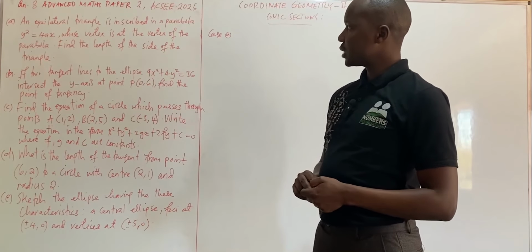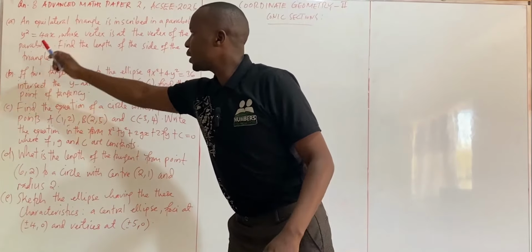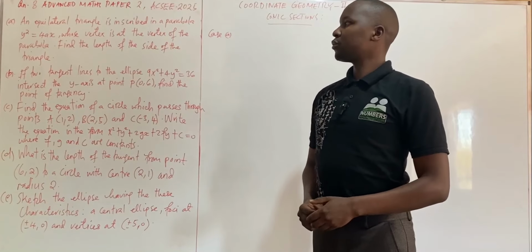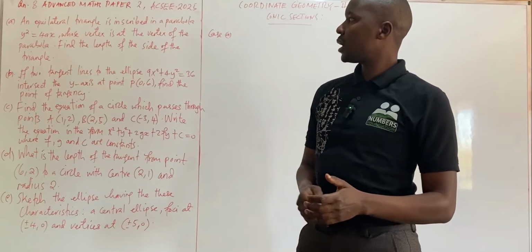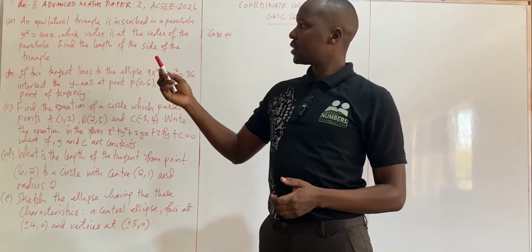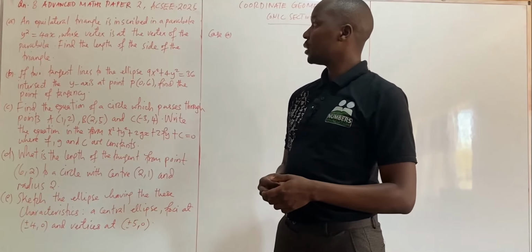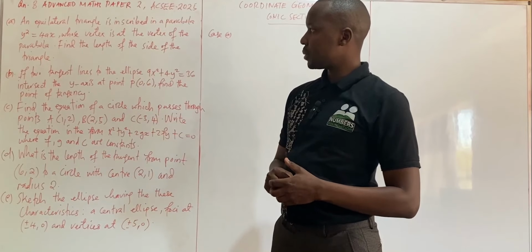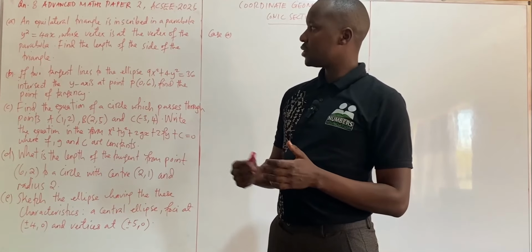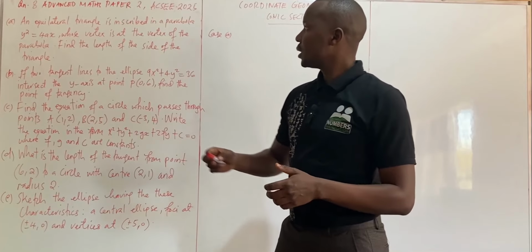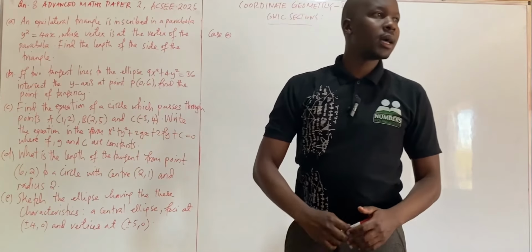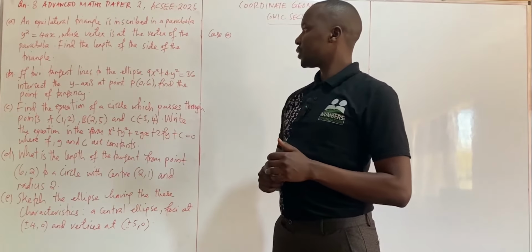The parabola we are provided, y squared equals 4ax, is a parabola whose vertex is at the origin, (0, 0). Otherwise, it would be a translated parabola, but this one is at the origin.